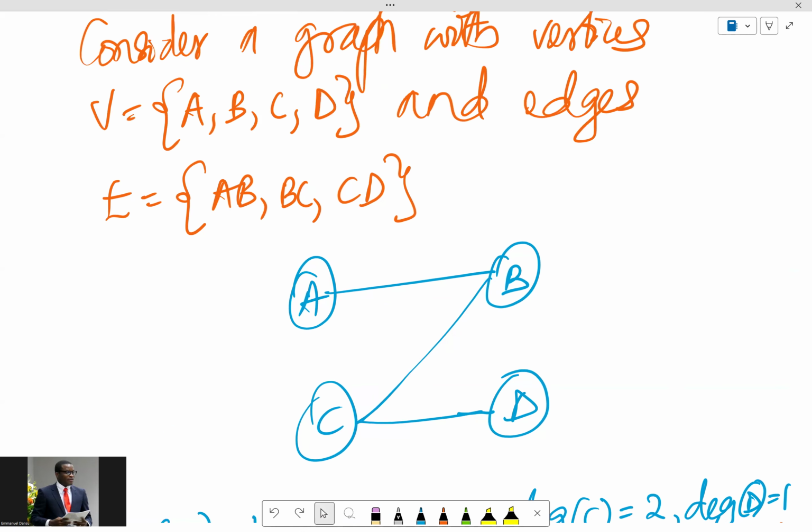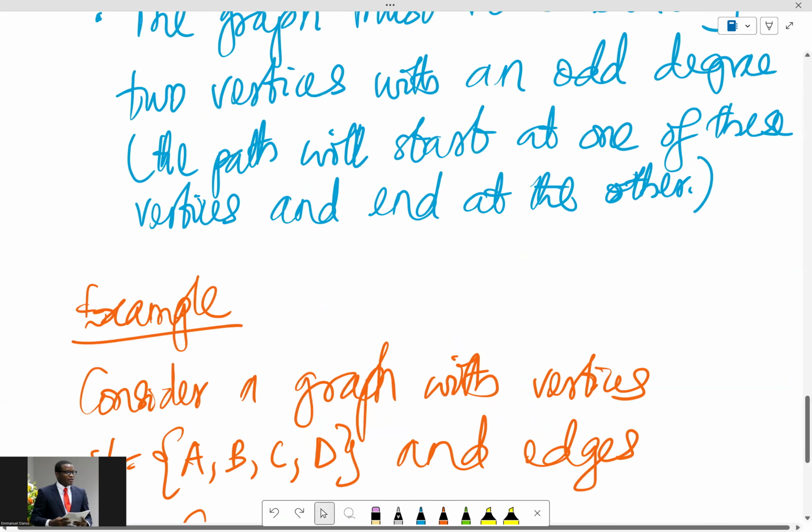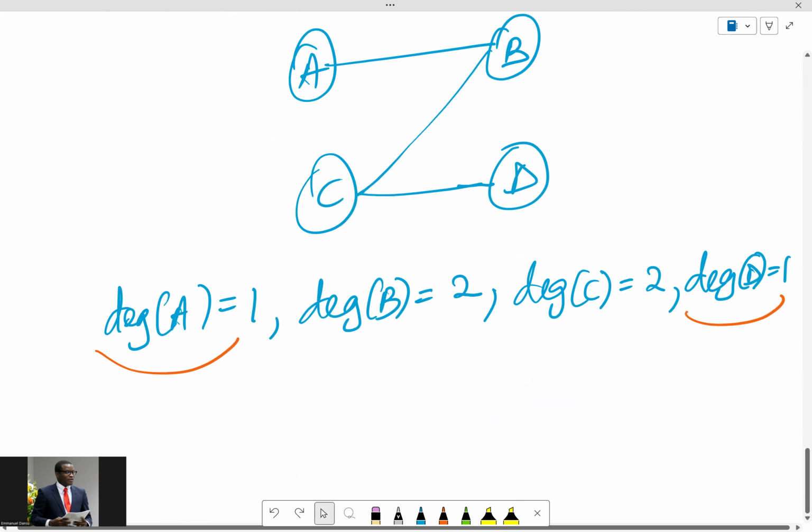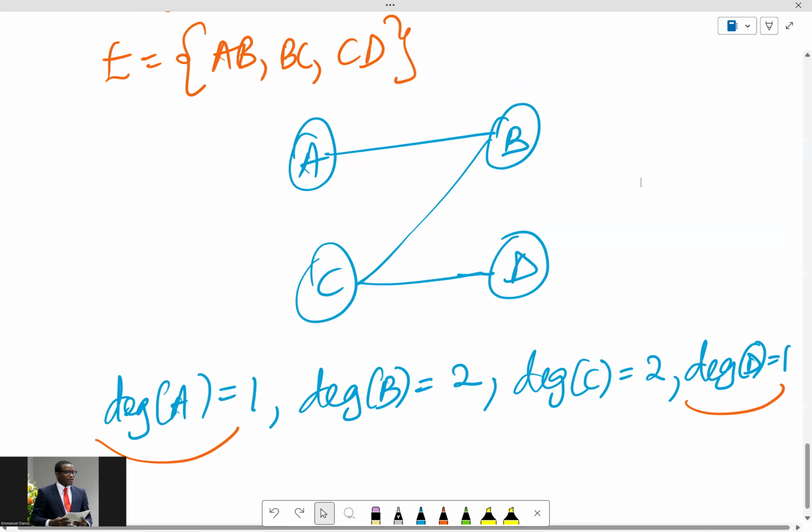But the second condition is that you have exactly two vertices with an odd degree. The reason for the oddness of the degree is that you either get into the vertex and not leave, or you leave the vertex and not come back into it. So that we can guarantee that.